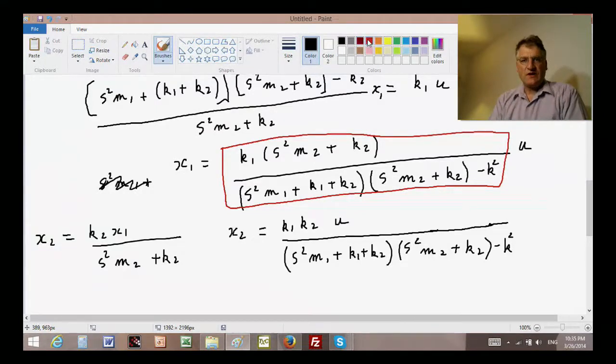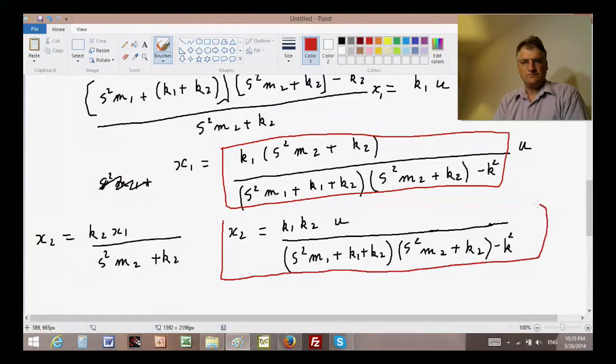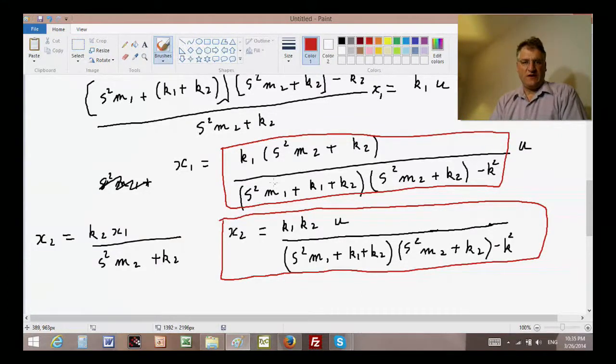So, to conclude, we obtain two transfer functions. The first transfer function and the second transfer function share the same denominator. It is a fourth power of s, and therefore may look a little bit complicated.